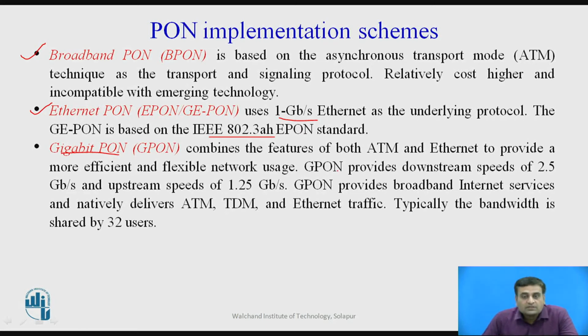This implementation scheme provides broadband internet services and natively delivers ATM, time division multiplexing and Ethernet traffic. Typically, the bandwidth is shared by 32 users.